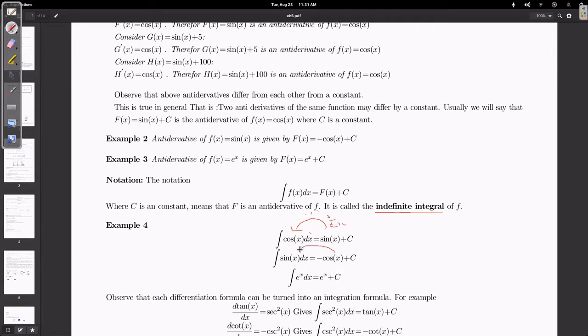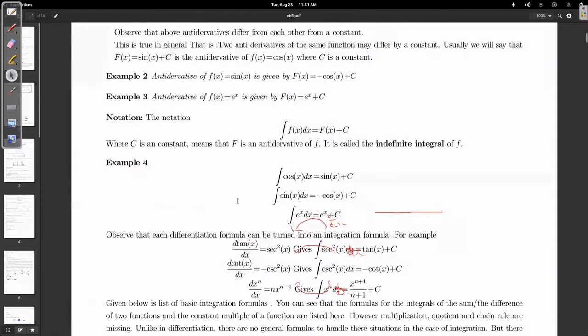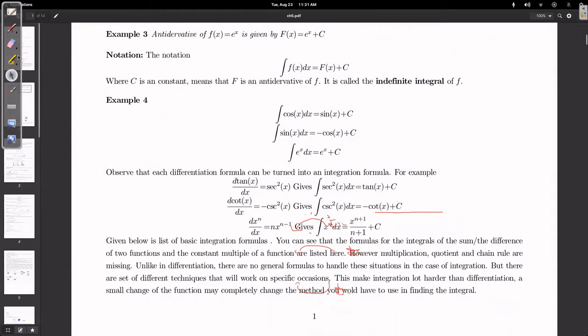Here also, if I differentiate this function, I get back the integrand. Here, if I differentiate, I get dx, because the constant goes away. So we can reverse all the differentiation formulas to get antiderivative formulas. Okay. So we can change each derivative into a formula.